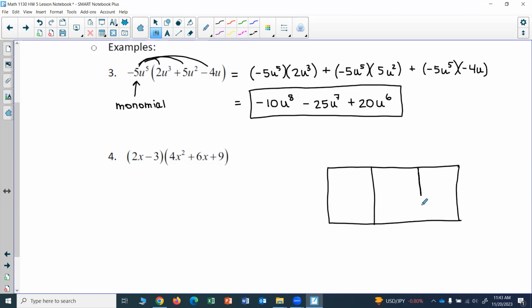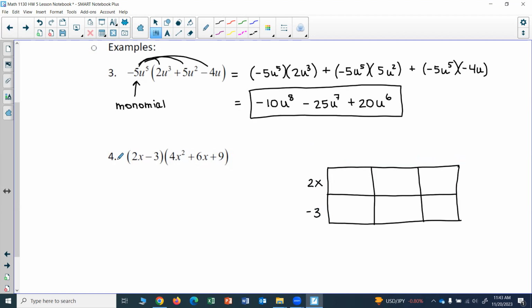I'm going to divide it into enough sections so that I can write one of the polynomials along the top side of the box and one of the polynomials along the left side of the box. So on the left side of the box, in the top row, I'm going to put 2x, and in the bottom row, I'll put minus 3.